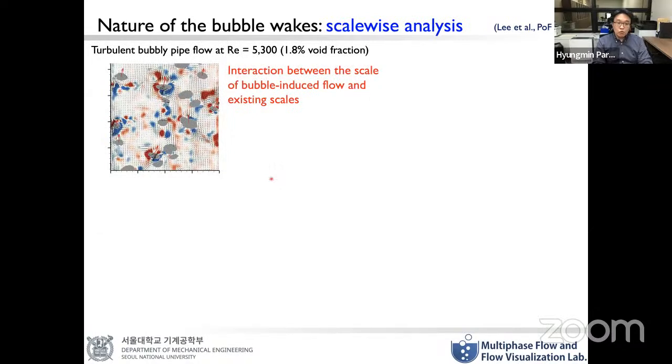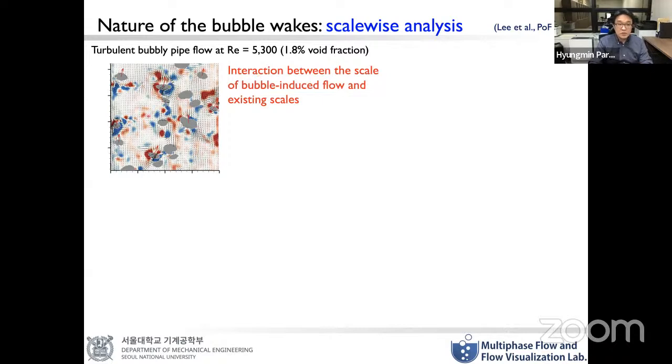When we have more bubbles in the bubbly flow, our concern is the scale-wise analysis. That means we are interested in how the interaction between the scale of the bubble-induced flow and existing scales occurs.